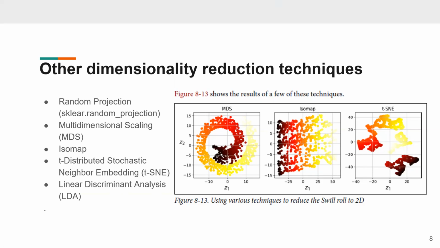These are the key directions that you might want to look into in the future in case you want to leverage some other dimensionality reduction techniques. That concludes our discussion on dimensionality reduction. Thank you.